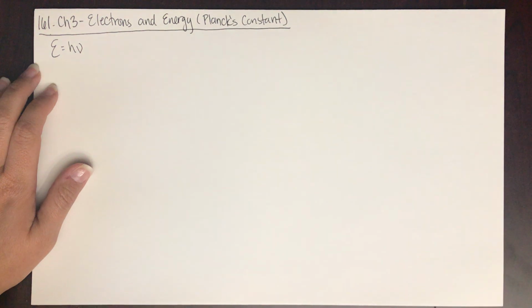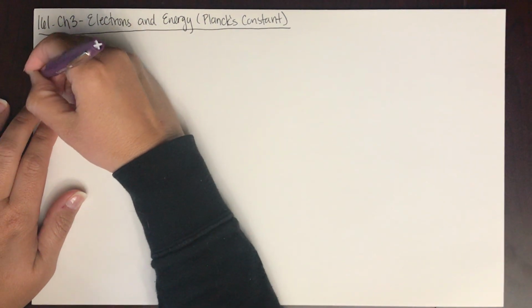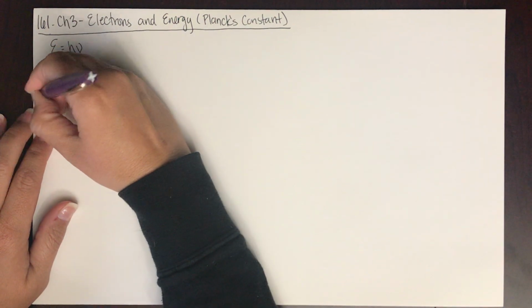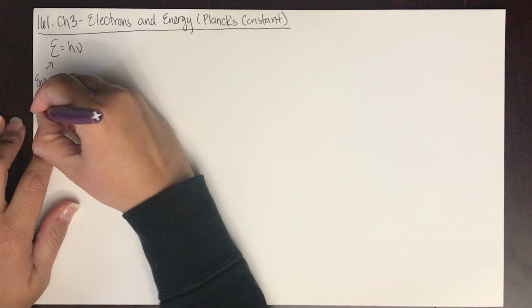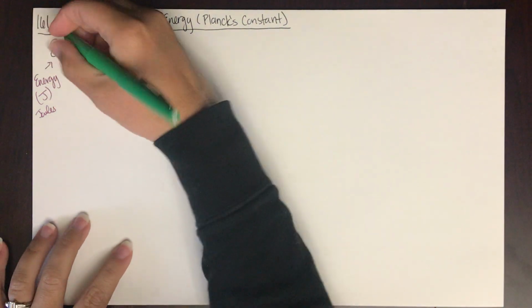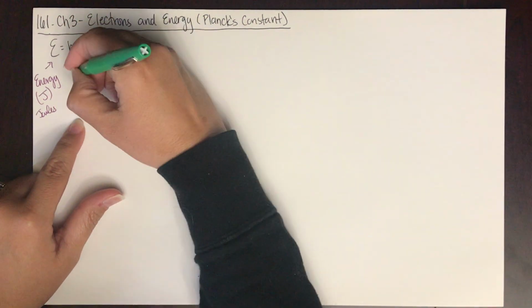So E here stands for energy. Energy is going to be in a unit called joules, and it's a capital J. H is a constant called Planck's constant.